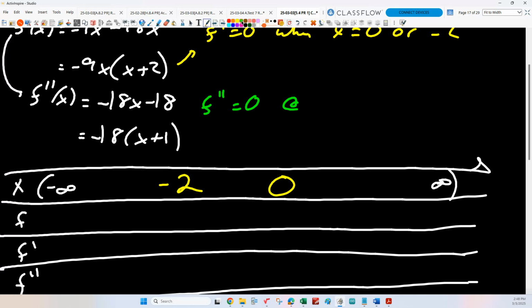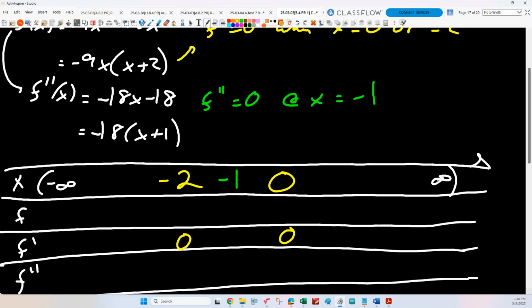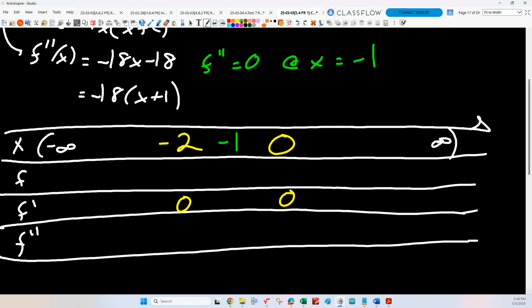Say it again? Negative 1. Okay, and negative 2 and 0 were zeros of the first derivative. Negative 1 was a zero of the second derivative, right?